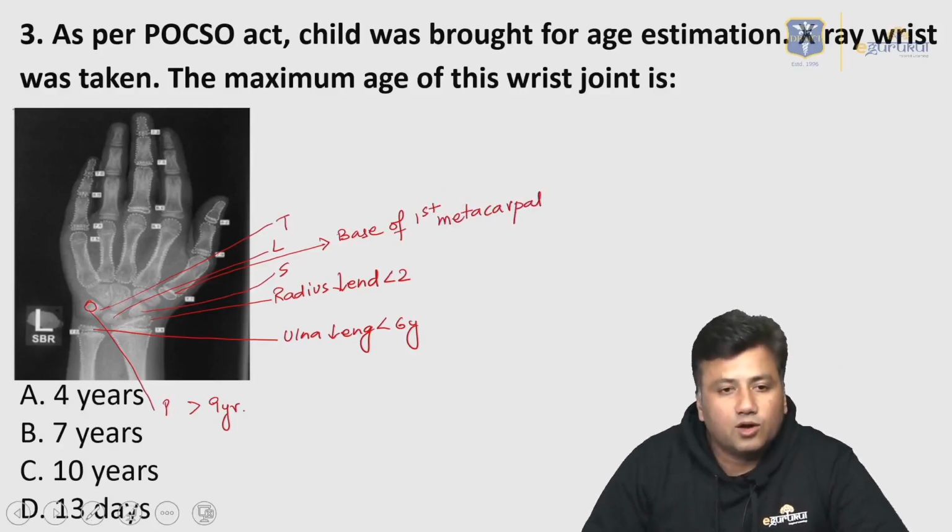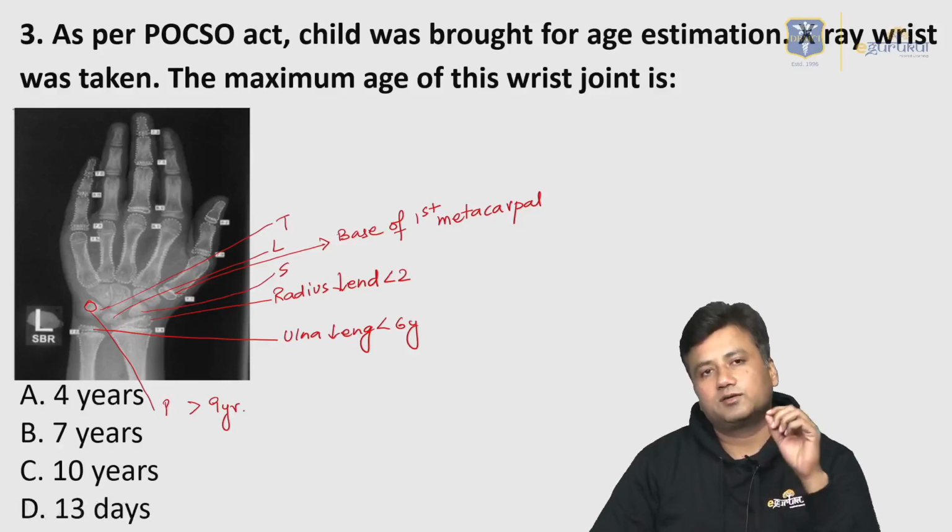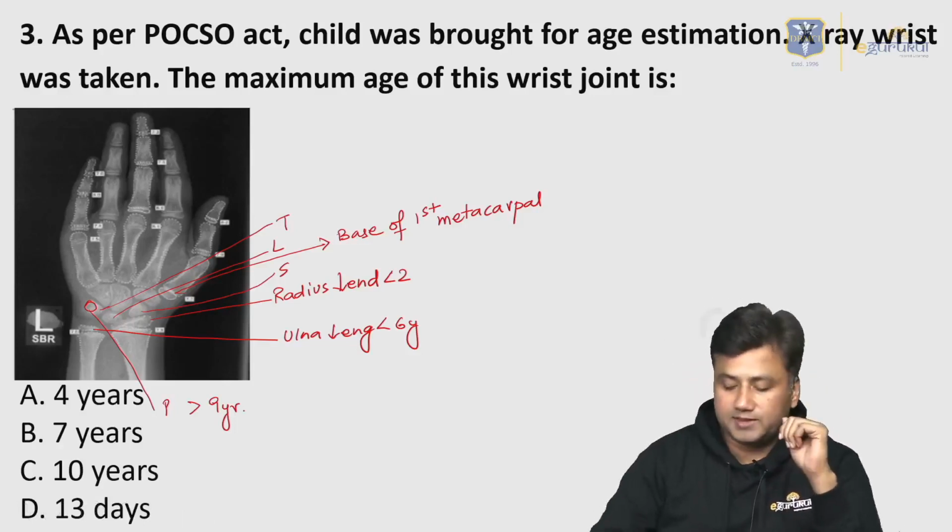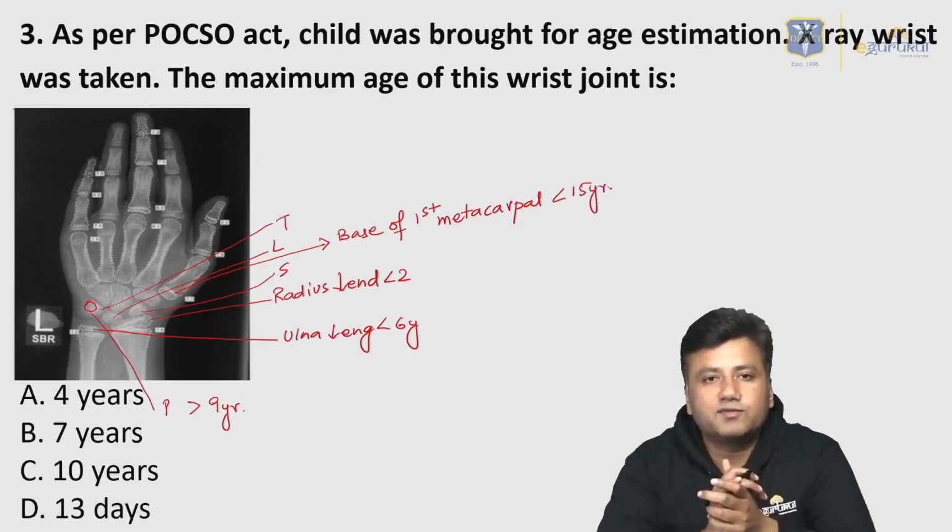it is not fused with the shaft of the metacarpal, which means that the child is less than 15.